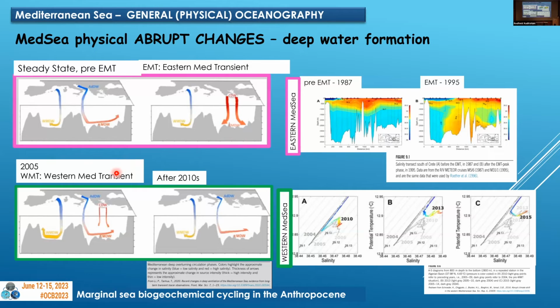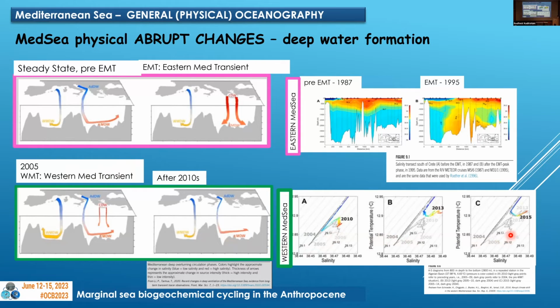Another big change, but in the Western Mediterranean, occurred in 2005, where a very big event of open convection driven by very huge air-sea fluxes. And here, there was a massive formation of deep waters in the Gulf of Lyon that completely changed the deep water characteristics for temperature and salinity.